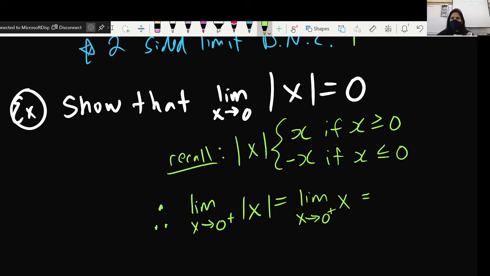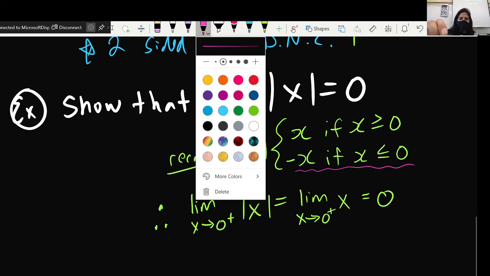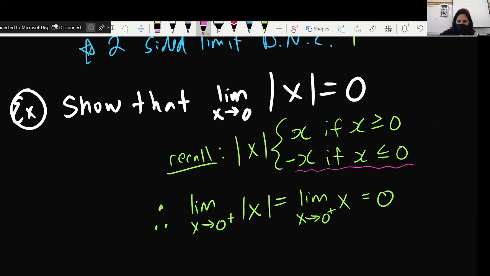And if you think of the graph, it's just 0, right? So the way to prove it, if we're looking at this portion, is we would say the limit as x approaches 0 from the negative side would be for negative x, which would also be 0.